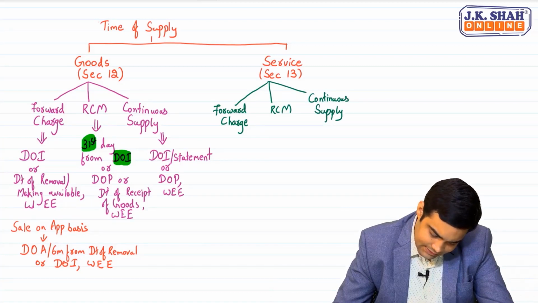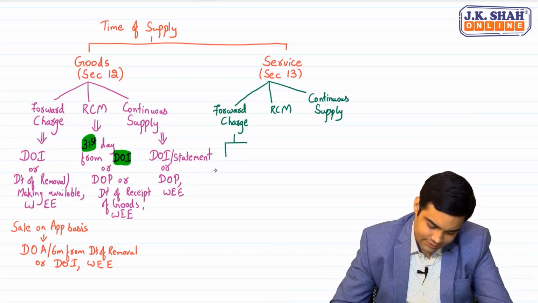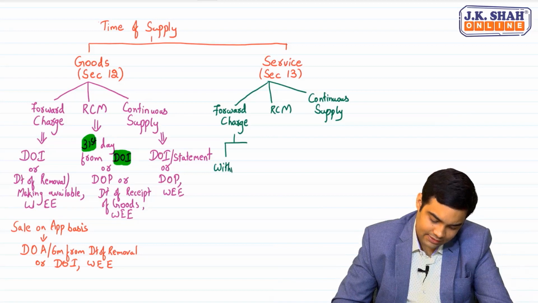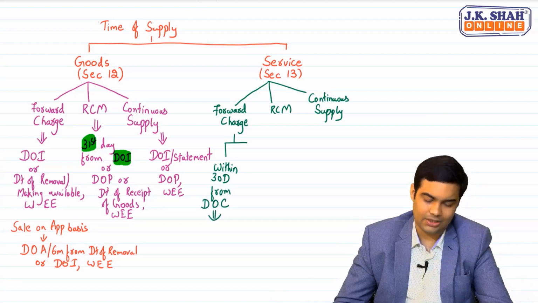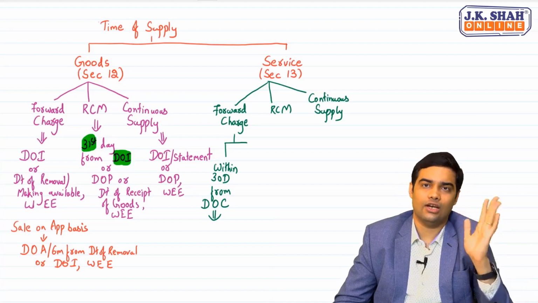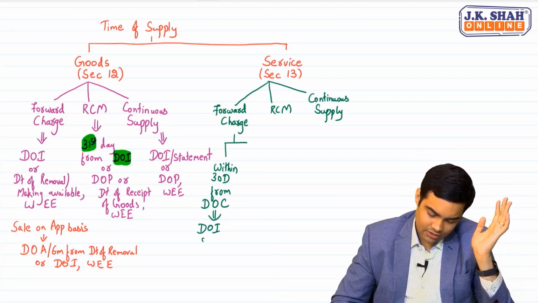If it is a case of forward charge, the law says check whether the invoice is issued within 30 days from date of completion. If the invoice is within 30 days from date of completion, then you have followed the law. Then the time of supply will be invoice date or payment date, whichever is earlier.